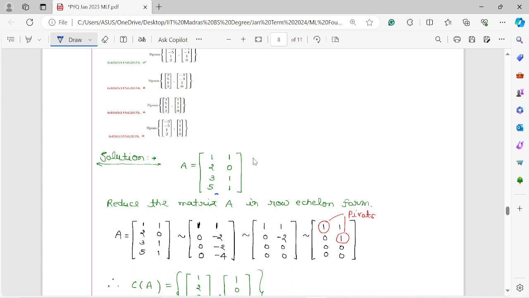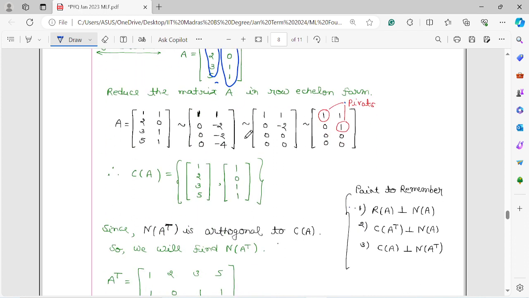We have converted this matrix into row echelon form, and these are the pivot elements. These pivot elements belong to this column vector, and these pivot elements belong to this column. So our column space will be the combination of these two vectors, and so the column space of A is (1, 2, 3, 5) and (1, 0, 1, 1).